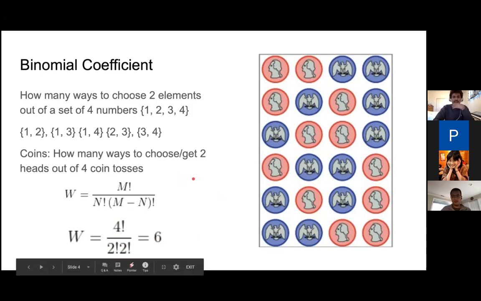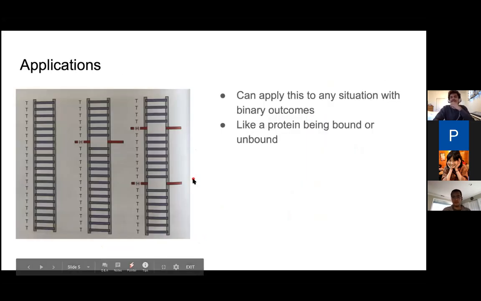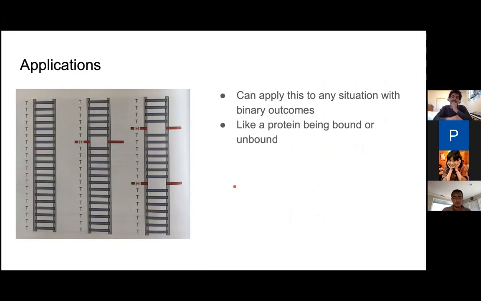And what we're talking about here are binary outcomes, right? In a coin toss, it can either be heads or tails. It can't be anything else or something in between. So as you can imagine, we can apply this multiplicity equation to anything that has a binary outcome. And in biology, we can use some simplified models to study systems. For example, some common things you might see are protein being bound versus unbound.